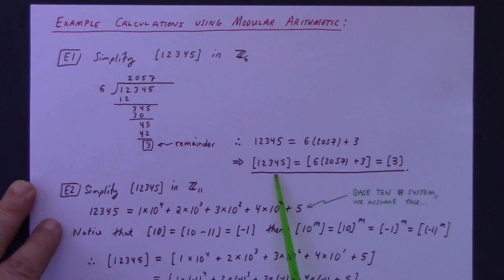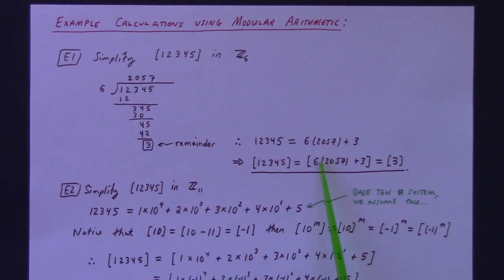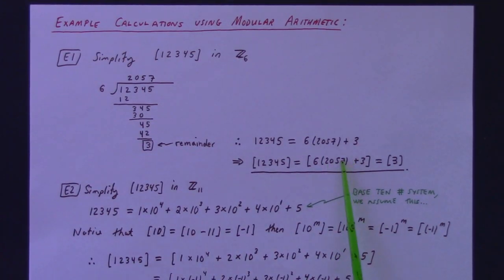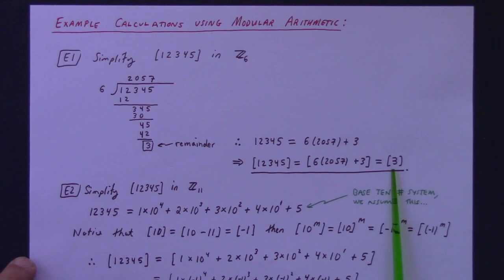But when I'm working modulo 6, when I simplify that, the multiple of 6 just becomes 0, so we can basically absorb that. We can just set that to 0, and so we're just left with 3.